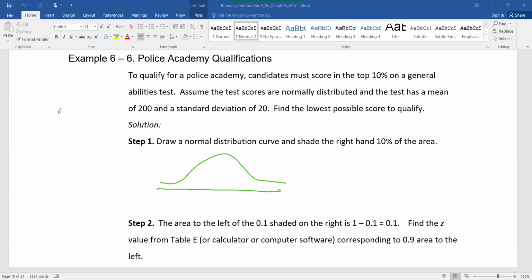Just like before, we were given the mean, what is it, 200? And it says to qualify, the candidates must score in the top 10%. All right. So I need to figure out what 10% of that normal curve would be. Now, to me, that's a little harder because I know this is 50% of the data. Oh, well, I guess you could kind of look at it this way. What's one standard deviation?